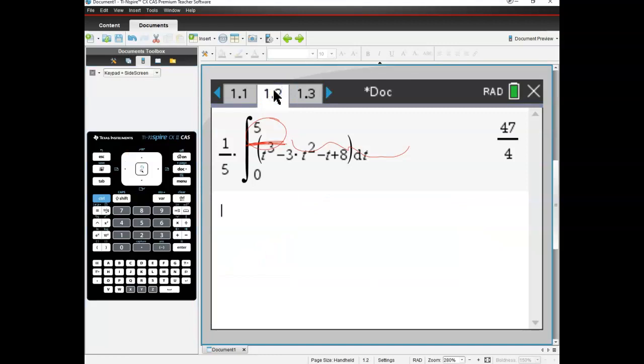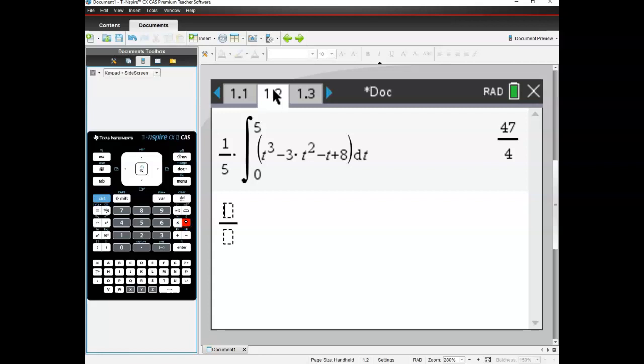So when I come back here to my page, now I can calculate that average value by saying control divide, and I'm going to take 1 over 14 minus 6 tab times my integral from 6 to 14 of, now I don't want to type that whole ugly 80 minus 10 cosine pi t over 12. I can, but it's already defined in my calculator as f2 of x, is it not?